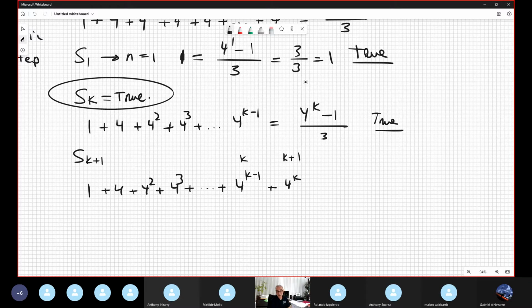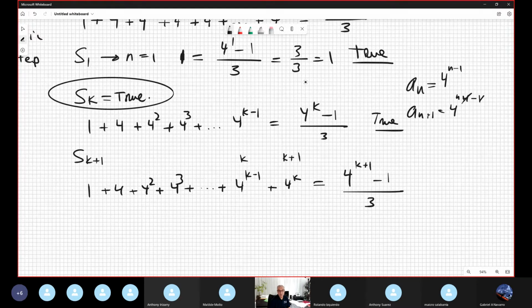See, the nth term is 4 to the n minus 1, and for n plus 1, it's obvious that it's 4 to the n plus 1 minus 1. The 1 is cancelled, so 4 to the k. Is equal, so you replace now: 4 to the k plus 1 minus 1 over 3.